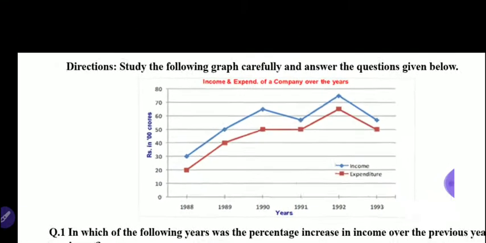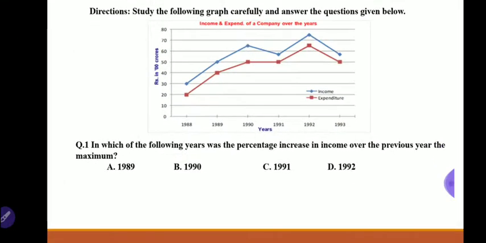Two line graphs are given, and these two lines indicate the income and expenditure. The diamond shaped points are on the income line, and the rectangle shaped points represent the expenditure line.